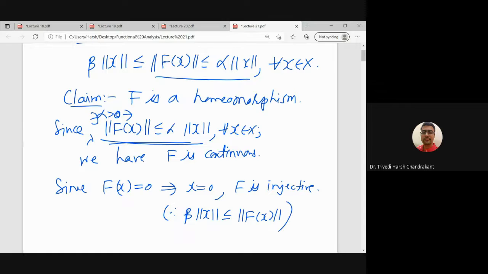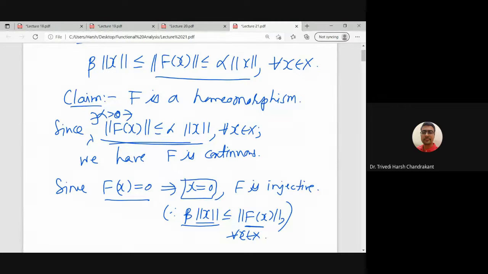Whenever fx is 0, norm of fx is 0, and then beta times norm x is 0 and beta is positive. So norm of x is 0, that means x is the zero vector. This is true for every x in X.